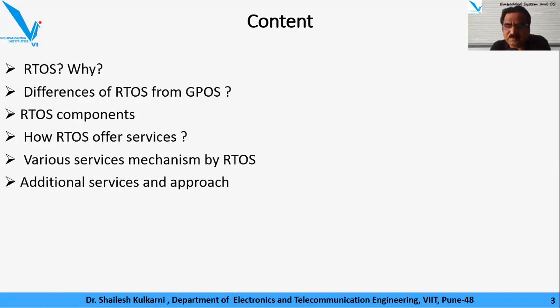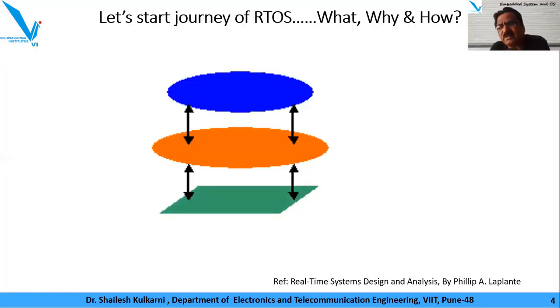Okay, so maybe this particular diagram is definitely not new to anyone. This has been talked about at least 4 to 5 times in the past. I understand that the RTOS, or any operating system, is an interface between the application software and hardware, and this interface is necessarily served at both ends. The application end of the interface is called the application programming interface.